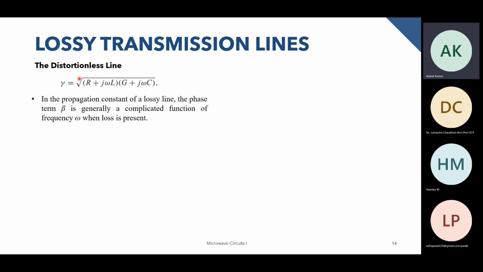If you directly try to expand this, using Taylor's series or some expression, it will become very complex. Both the imaginary part and the real part of this gamma will be very complex, and a function of omega, omega square, and higher order terms.